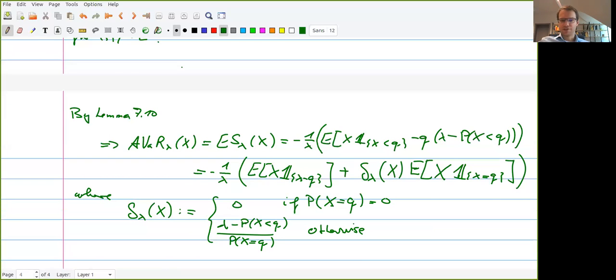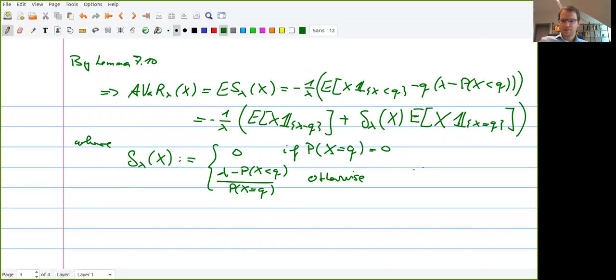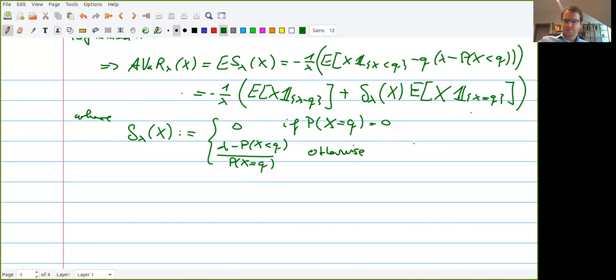Okay, let me briefly check this again for you. This is not hard, right? Because if this is true, this term is 0, and if this is true, they cancel to get the same expression.